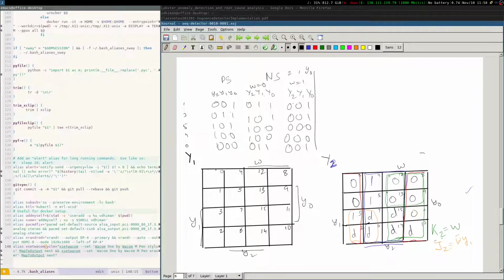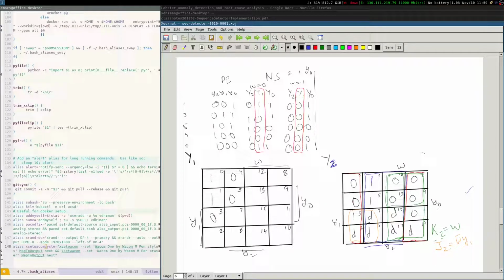So we are looking at y1 for w equal to 0 and y1 for w equal to 1. Let's fill this up. When w is equal to 0, in this half of the map, when the present state is 1, y1 is 1; when it is 3, it's 0; when it's 5, it's 0; when it's 4, it's 0; when it's 0, it's 1.